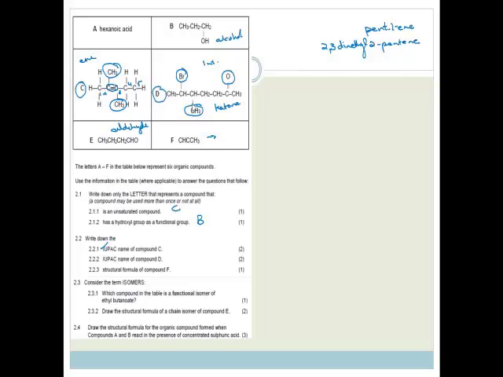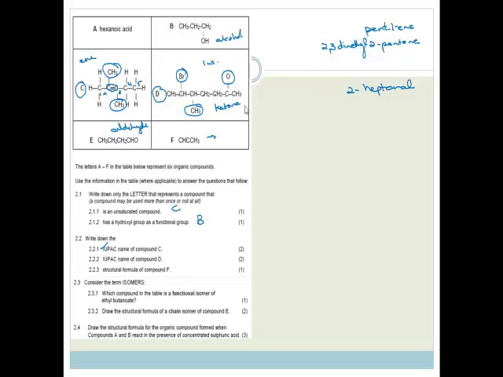Right, so let's first count the longest chain. So it's going to be 1, 2, 3, 4, 5, 6, 7. So the 7 is going to be hept, and because it's a ketone, it's going to be heptanone. So it's going to be heptanone. But we need to tell them where we find the double bonded O. So it's going to be 2-heptanone.